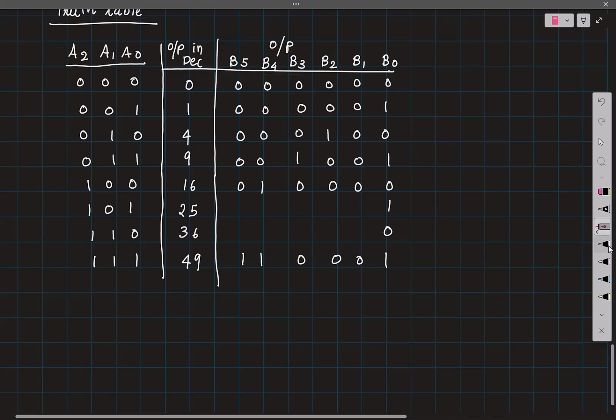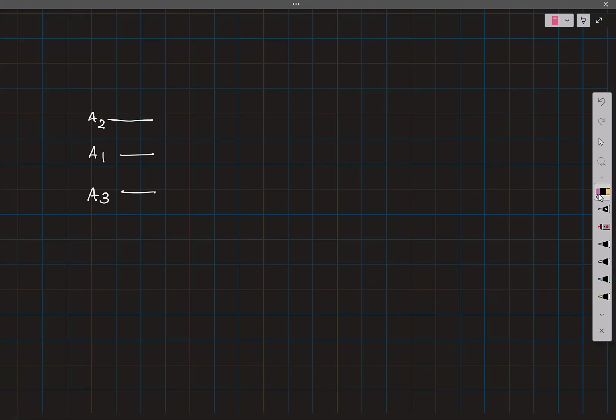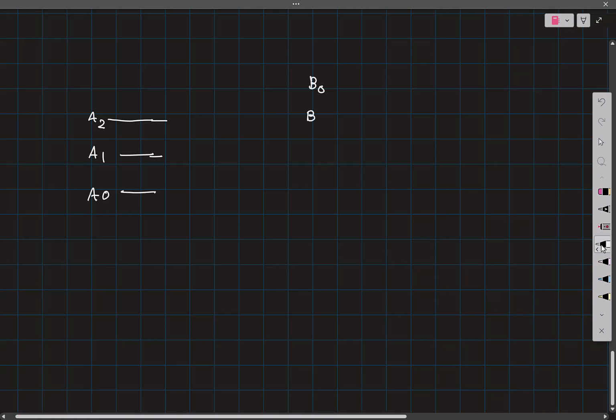Right? So now to implement this, I have A2, A1, A0 coming in. I need my outputs to be B0, B1, B2, B3, B4 and B5.